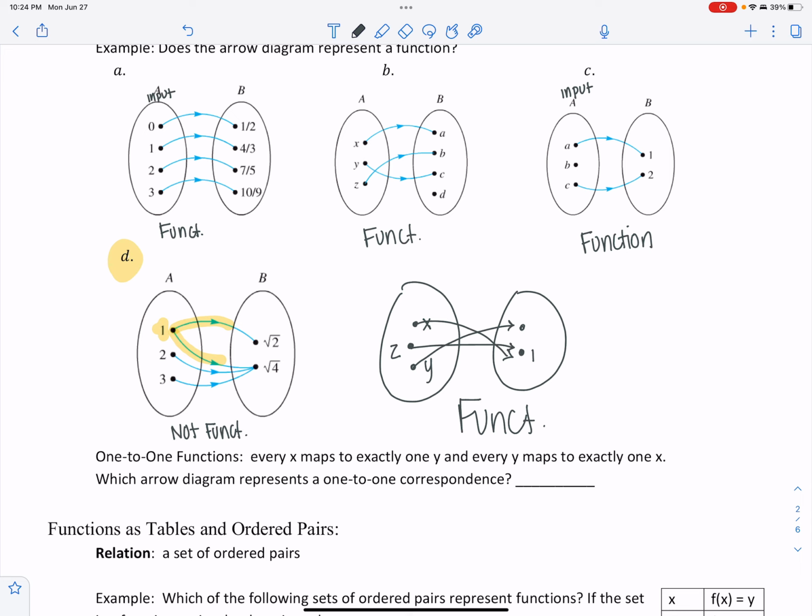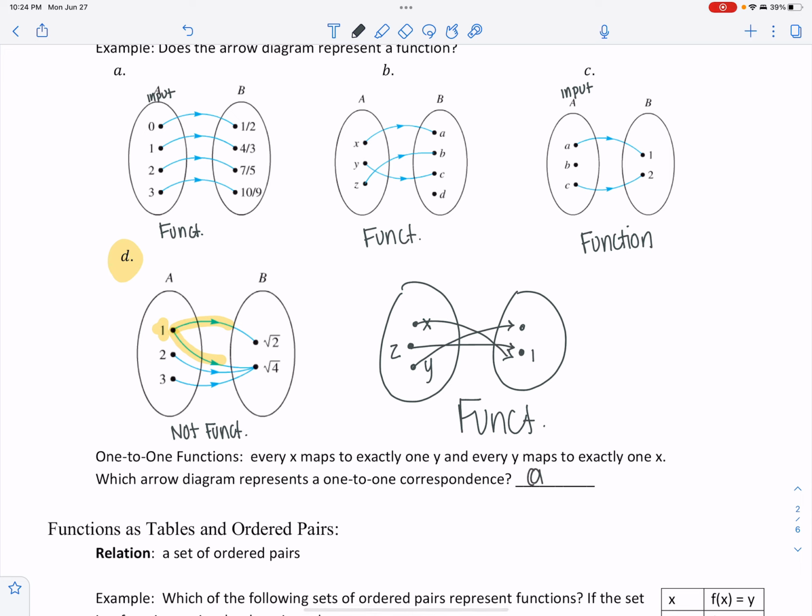So we have functions, and then more specifically, a more special function is a one-to-one function, where every x maps exactly to 1 y and every y maps exactly to 1 x. So there are no leftovers in any category. Which arrow diagram represents a one-to-one?